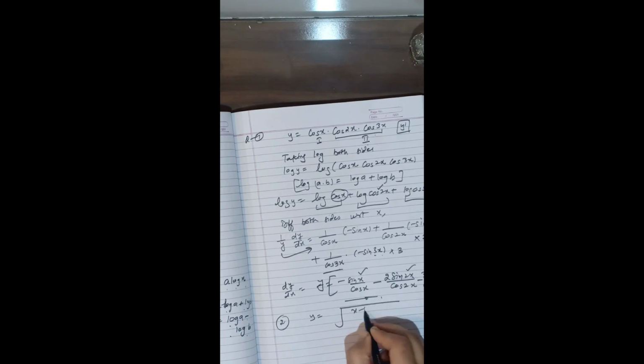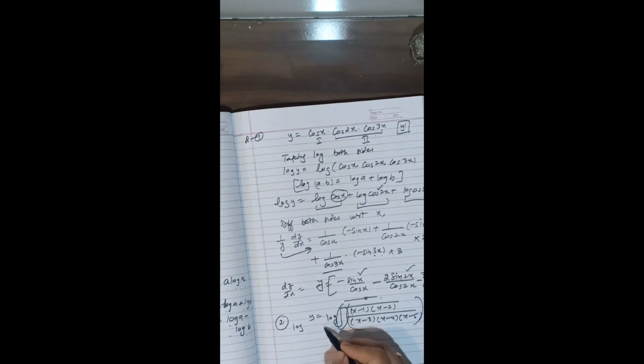It's given x minus 1, x minus 2, x minus 3, x minus 4 and x minus 5. When you take log on both sides, you know one thing, this under root will become power 1 by 2. This 1 by 2 will come down in the next step and this log will be of the form log of a upon b.